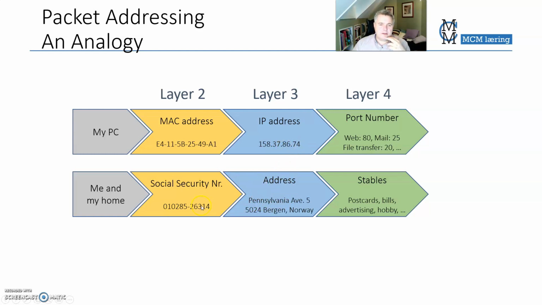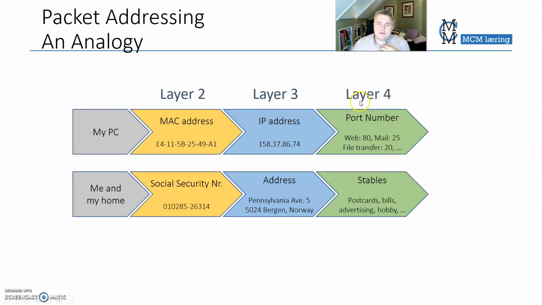For example, in a postal system, I can compare the IP address to my house address. Pennsylvania Avenue number 5, 5024 Bergen, Norway, for example. That's a unique address for me right now. But I can move around carrying my social security number, and when I go to work, I have another address. If I start my computer at the airport and connect to the network there, I will be given a third IP address.